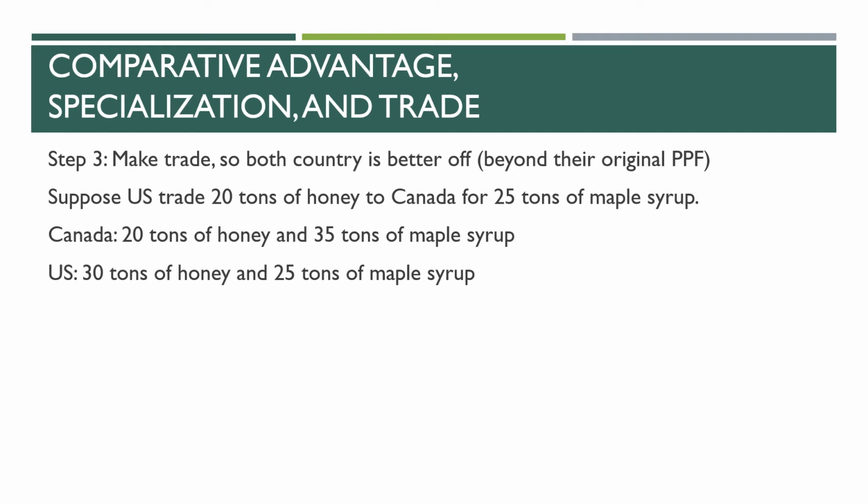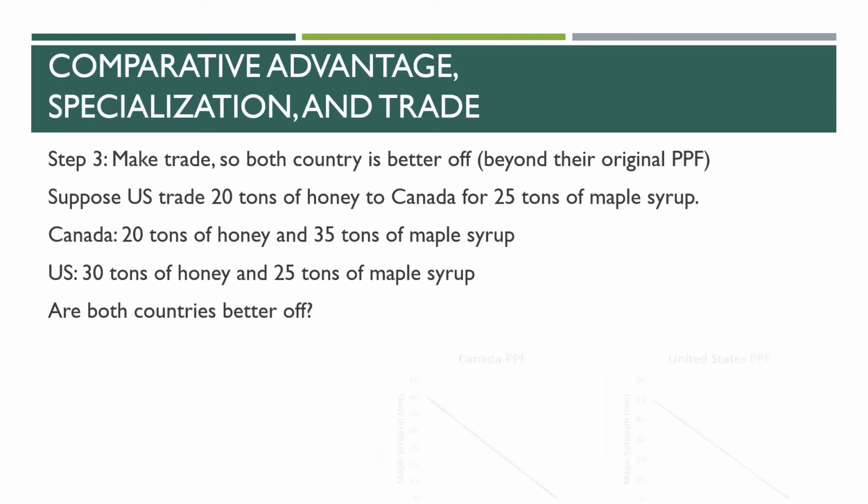Are they really doing better? It's pretty difficult or challenging to discuss at this point, or maybe it's very difficult to judge by the numbers. Maybe it's a better idea to plot these points on the graph and compare them to the original PPF of the two countries.